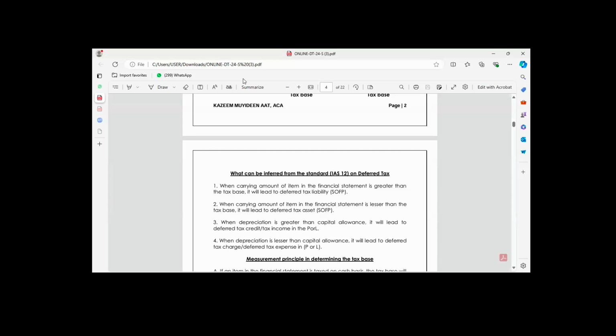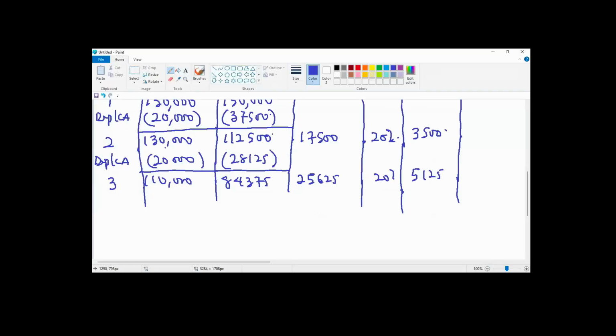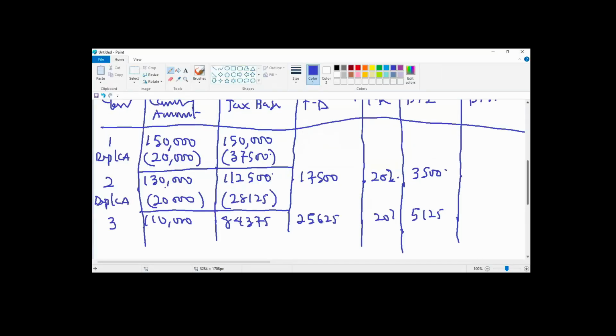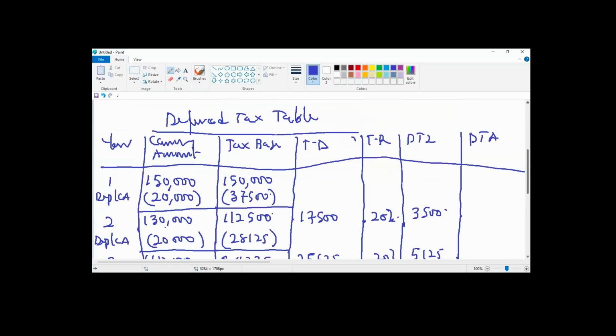Look at it here. Do you know why we have deferred tax liability and deferred tax assets now? Is it clear? If you look at this one, at the end of year 1, 130 minus this. The carrying amount is greater than the tax base. It's a liability. That's why we have liability here.